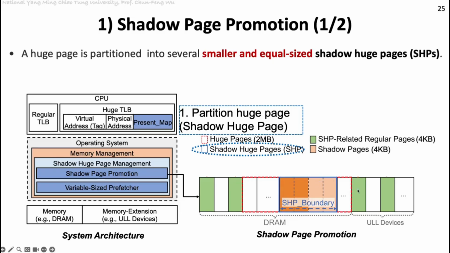For this case, there are two different colors, the dark orange and the light orange. Dark orange means the data is already in the DRAM, but light orange means the data is in the storage device. If we are going to create this shadow huge page, traditionally we need to move the data from the flash device into this light orange area.